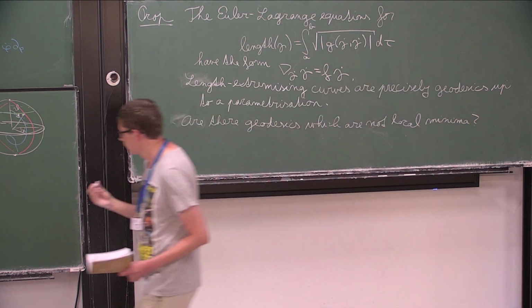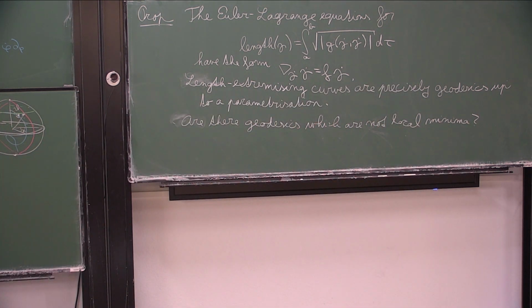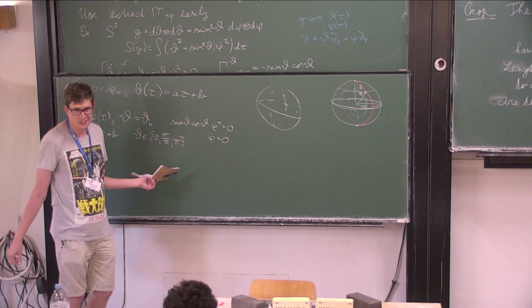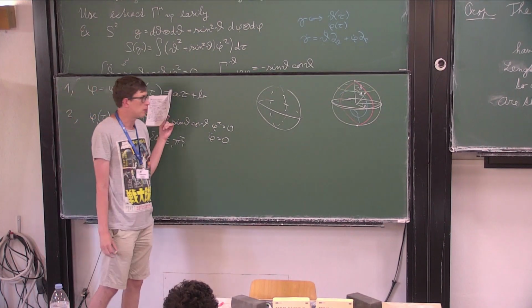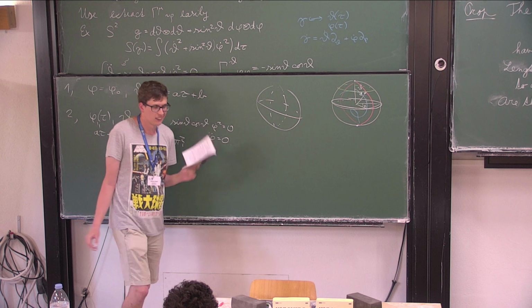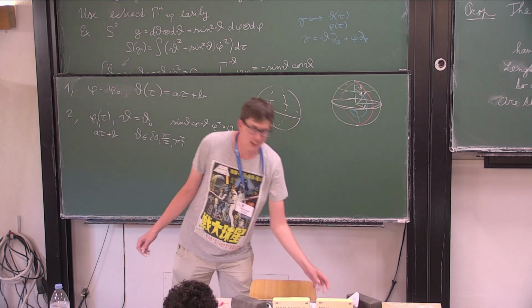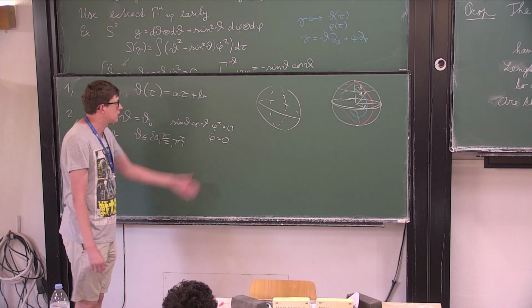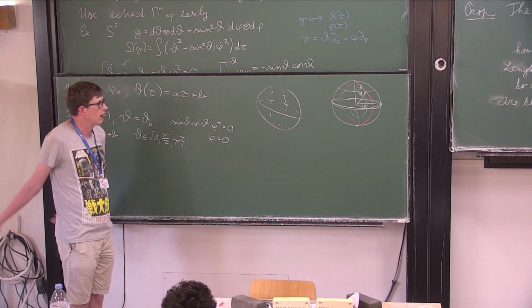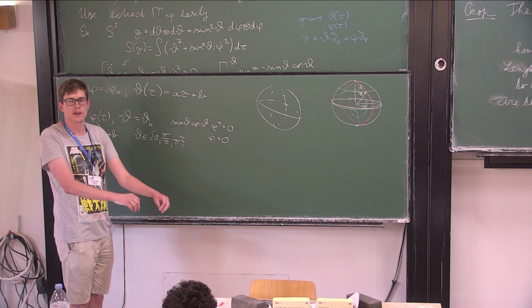The answer is yes, and you can just look at the sphere to find examples. Can you see any example of a geodesic on a sphere that actually is not a minimum, just an extremum of the action functional?